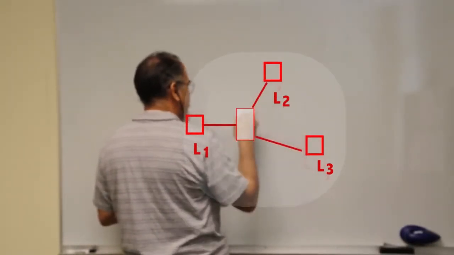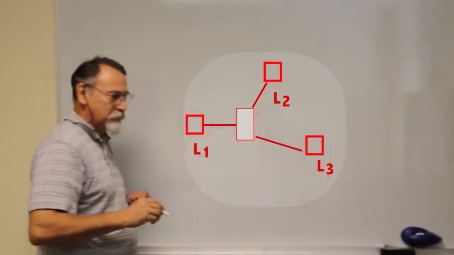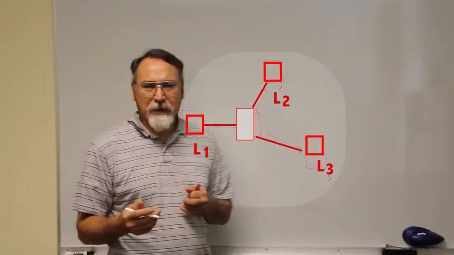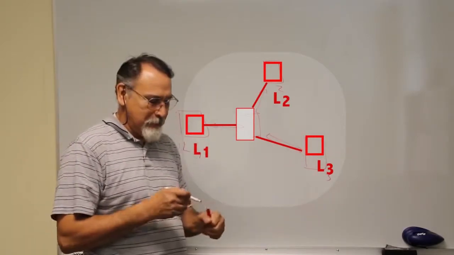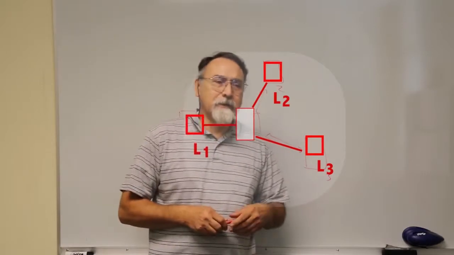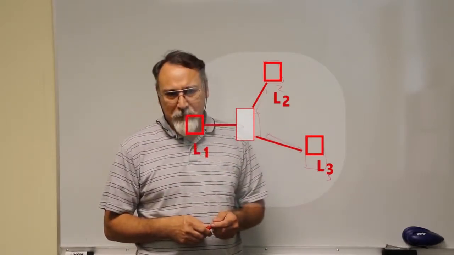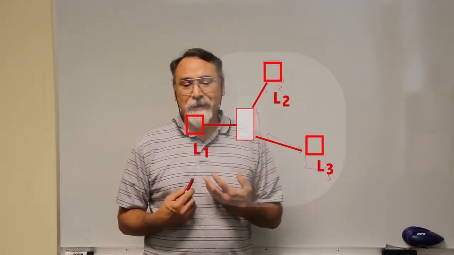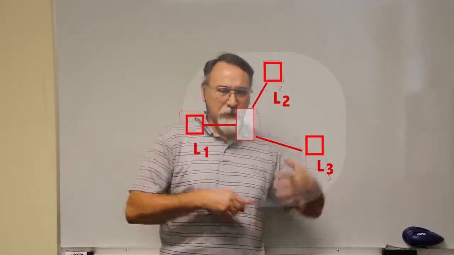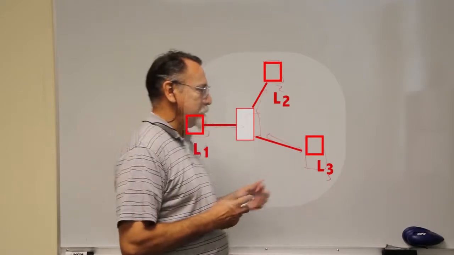You want to minimize the amount of time it takes to extract data, because the faster you can extract data, the happier the customer is, and the amount of time you're stressing the whole operation is minimized.